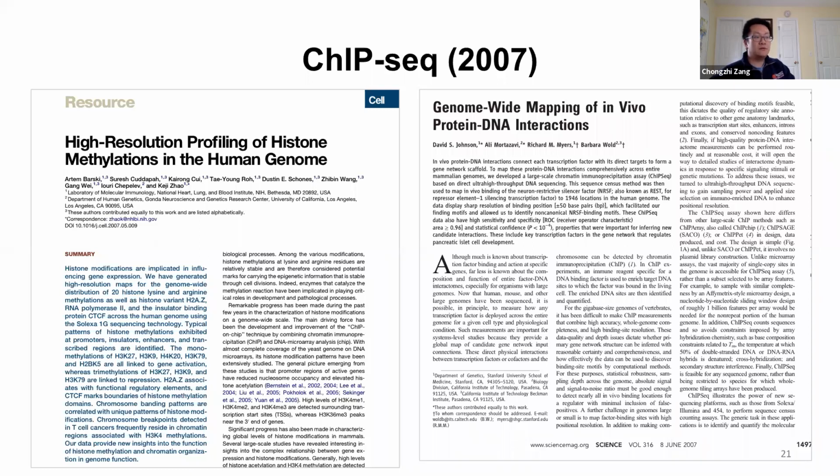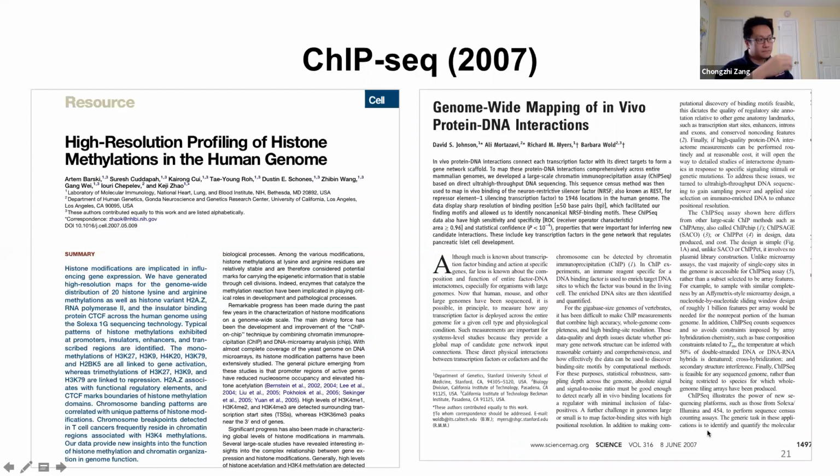So in 2007, two works were published independently, led by Keji Zhao and by the collaboration of Rick Myers and Barbara Wold, published in Cell and Science respectively.